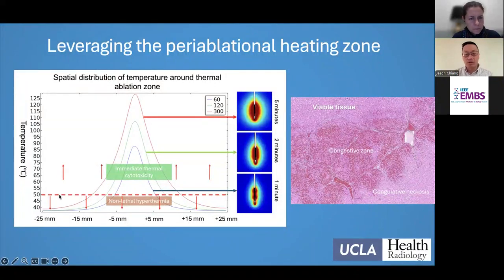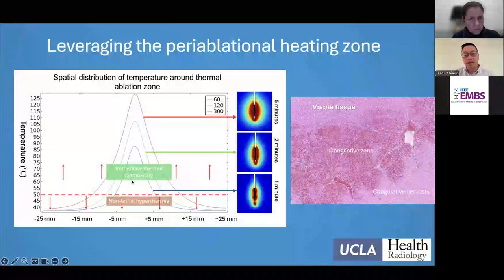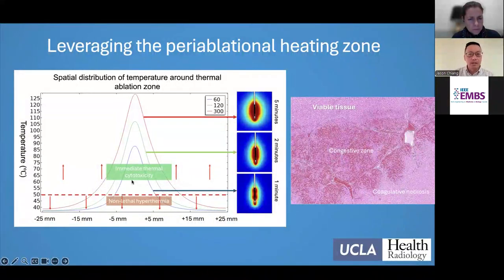And what we are interested in, because we know that nothing's going to really survive anything above 50 degrees Celsius, is the areas where you have non-lethal hyperthermia. So the areas that are between 37 and 47 degrees, that's the part where we think if there's viable tumor there, the tumors may grow even faster if they're exposed to this periablational non-lethal hyperthermia.